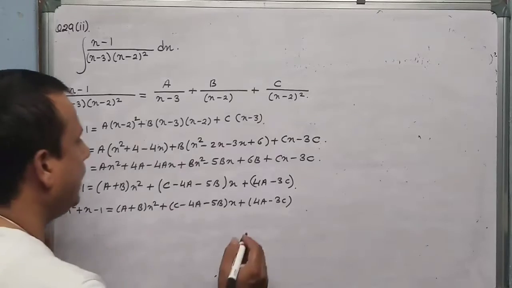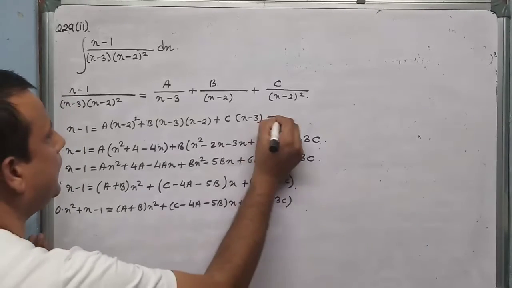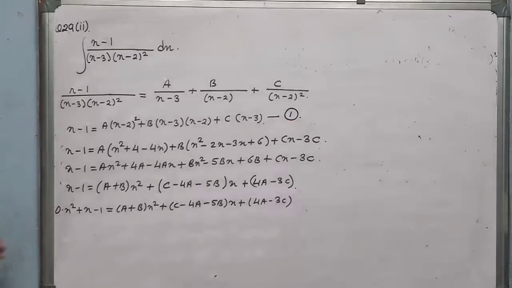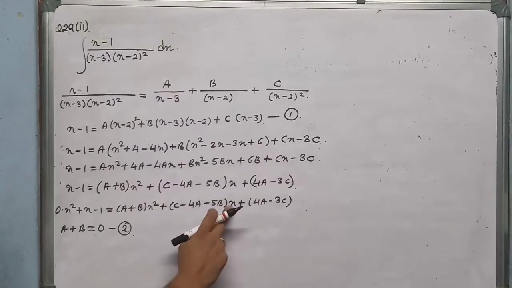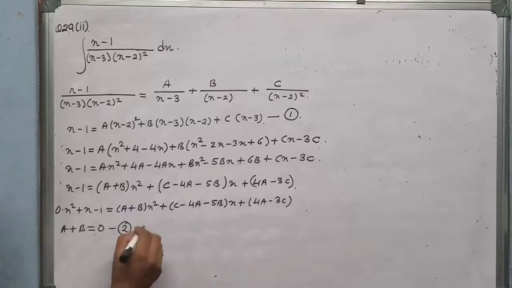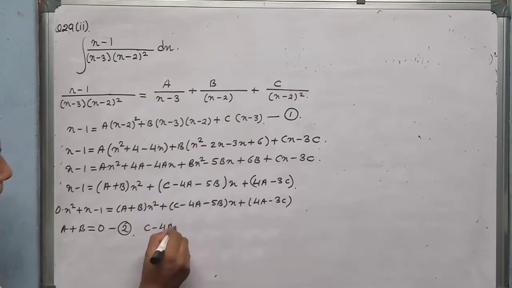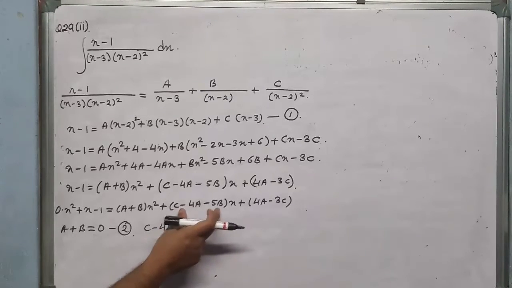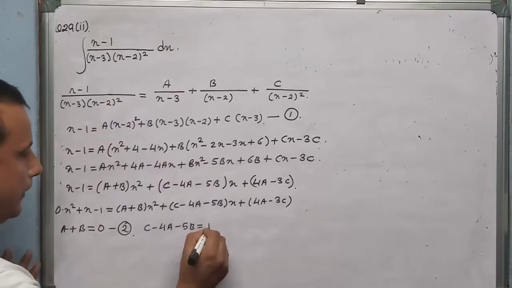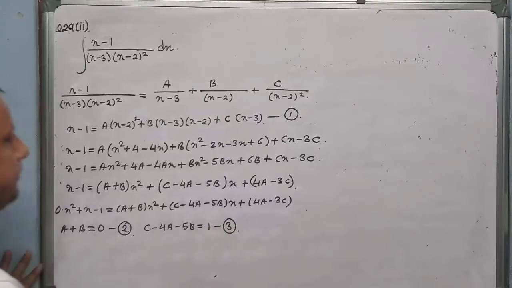For this kind of question, I'll consider this as equation number 1. Now I'll compare. Coefficient of x square is a plus b, over here the coefficient is 0. Let it be equation number 2. This is equation number 1. Now the coefficient of x is c minus 4a minus 5b is equal to 1, equation number 3.